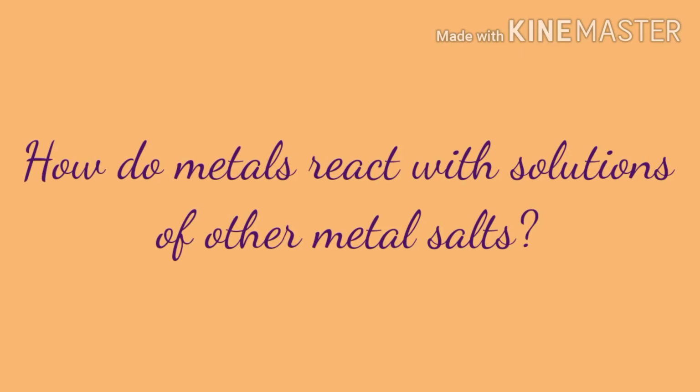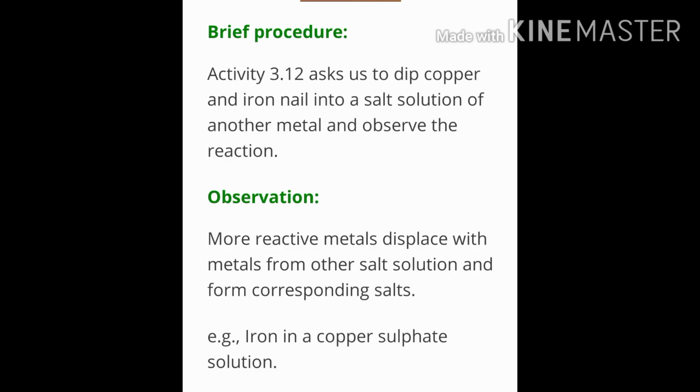Let us now see the next chemical property: how metals react with the solution of another metal salt. In order to understand this chemical property of metals, let us first discuss Activity 3.12 given in your book. In this activity, it has been asked to take copper wire and iron nails.